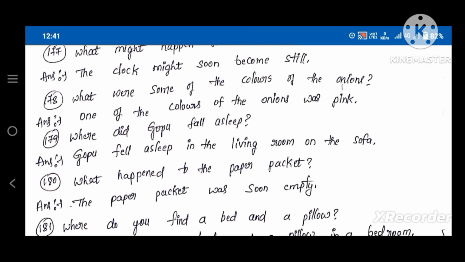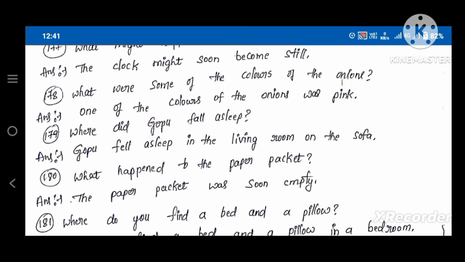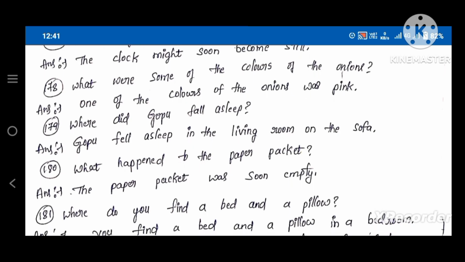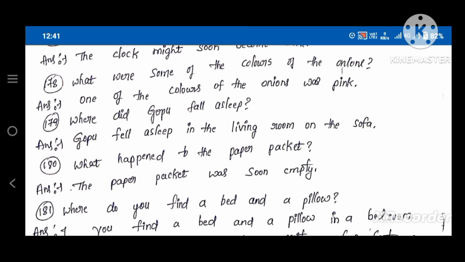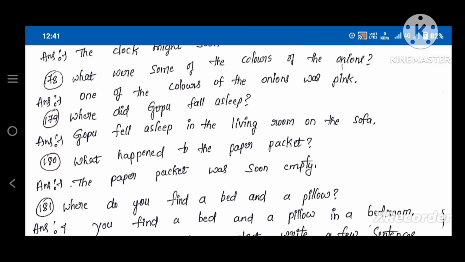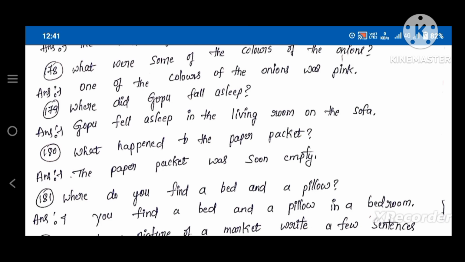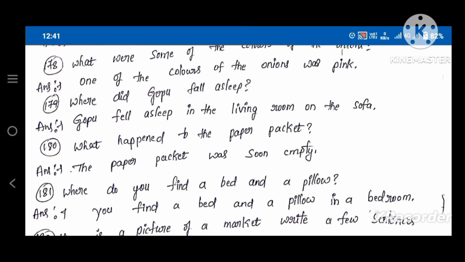What were some of the colors of the onions? One of the colors of the onions was pink. Where did Gopu fall asleep? Gopu fell asleep in the living room on the sofa. What happened to the paper packet? The paper packet was soon empty.